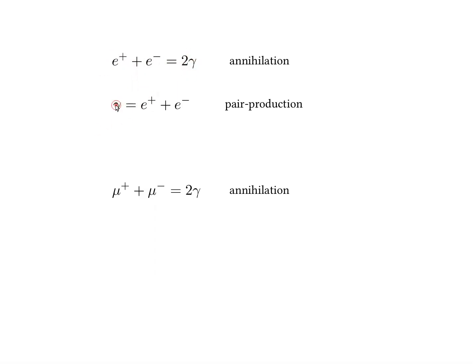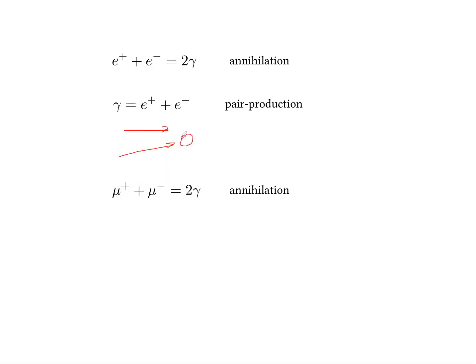Here, there is only one photon, so the angular momentum is zero. There are an electron and positron, two particles, so there is some angular momentum. So angular momentum is not conserved, and directly this equation is not possible. It is possible in the presence of an atom or nucleus. When this reaction happens, the photon is going, the electron is going this way.